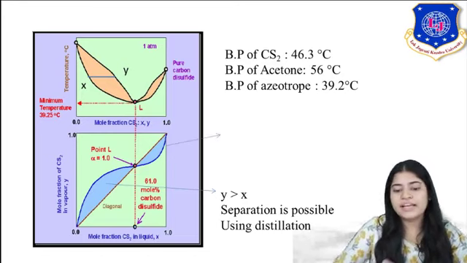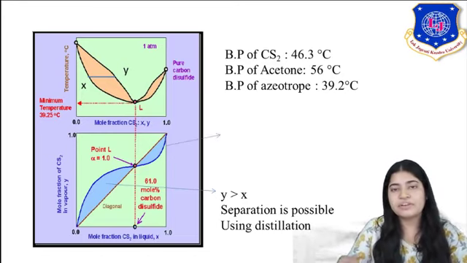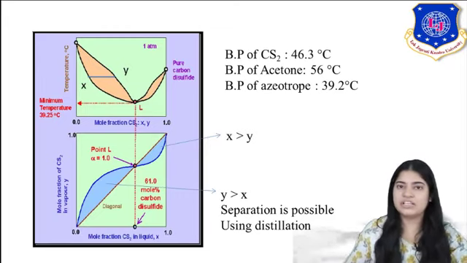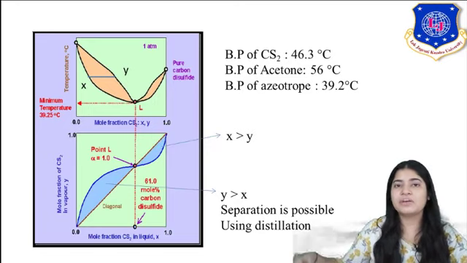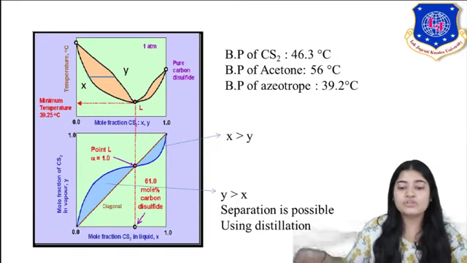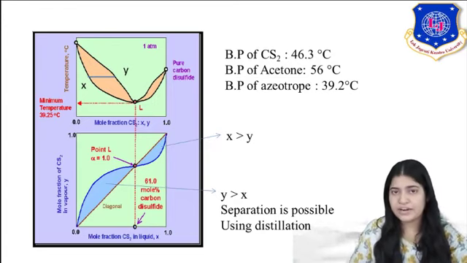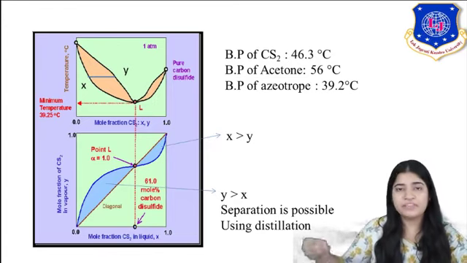Next, when more than 0.61 mole fraction is there, it means x is more than y. Here, if I am using distillation, it has no meaning, because vapor enrichment is not happening. The mole fraction of carbon disulfide would be more in the liquid only. With application of heat, it is not enriching in the vapor phase.